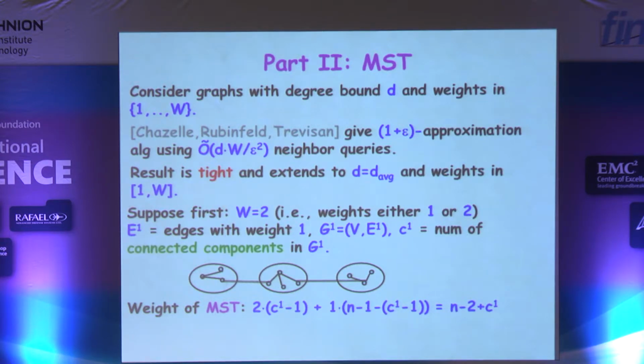So we get a closed expression for the weight of a minimum spanning tree as a function of the number of connected components. If we want to estimate the weight of a minimum spanning tree, we just need to estimate the number of connected components of this subgraph. That's all we need to do. Okay, this was where W equals 2.